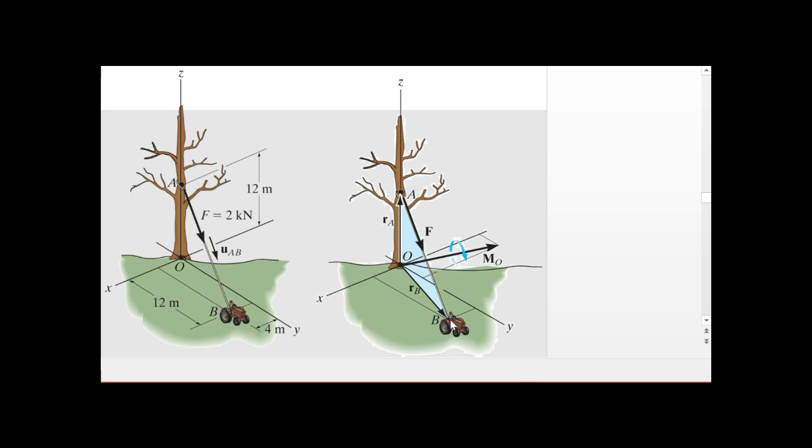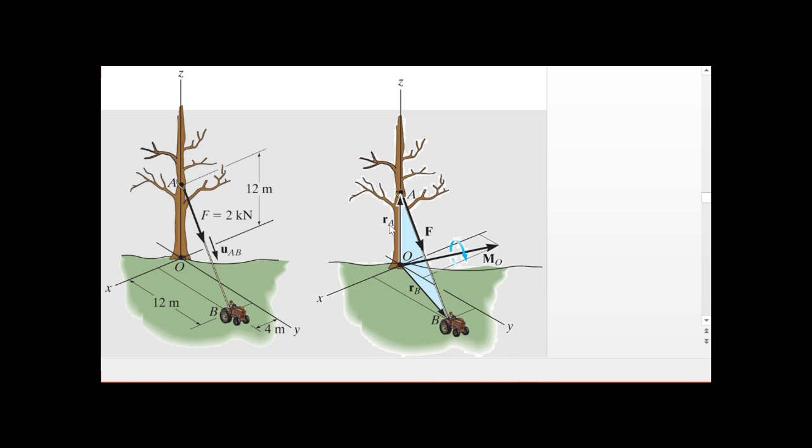RB. Now calculating to the force line of action, there are 2 points that you know that are defined from point O to the force line of action. That would be RB or RA. Both points are on that force line of action.